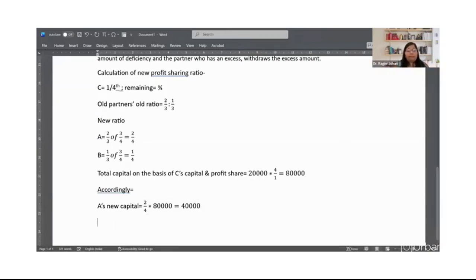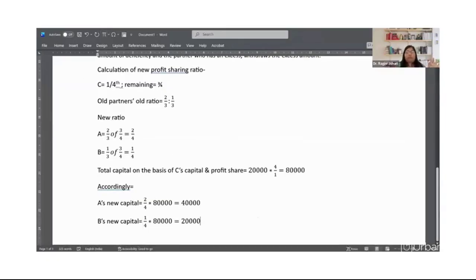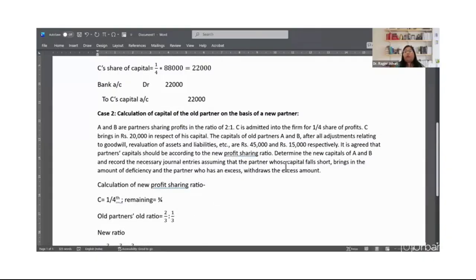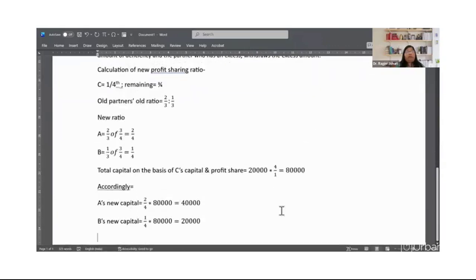And B's new capital will be 1/4 into 80,000, and this comes to 20,000. Now we have these two shares, right? We also have their old capitals, that is 45,000 and 15,000.